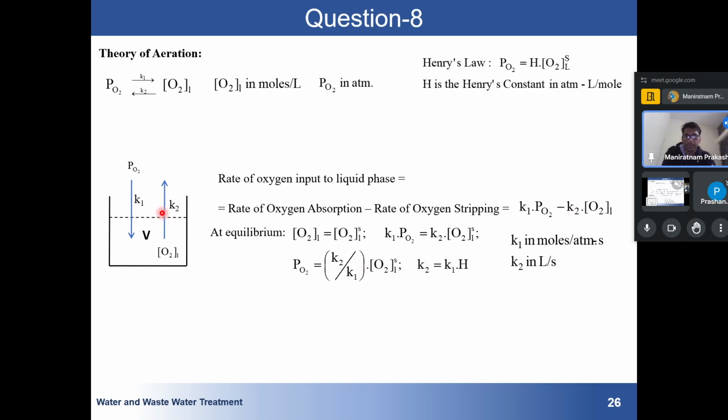At equilibrium, these two will balance, and you can find the partial pressure required in terms of the equilibrium constants K1 and K2. This is very simple.